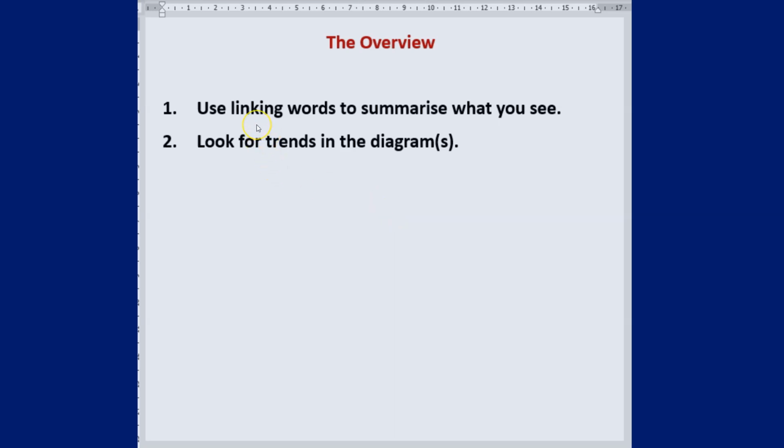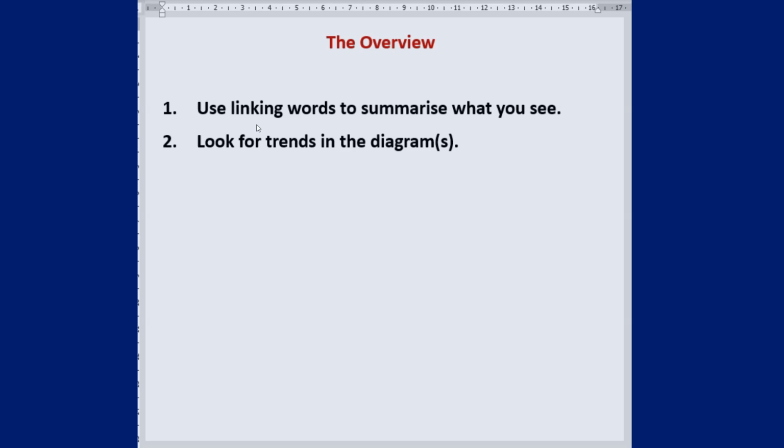1, you should use linking words to summarize what you see. So you can start by saying to summarize, or overall, or in summary. Okay, so don't go and use other weird words. You can just use overall, to summarize, or in summary to start your overview, and that will be okay. Don't include data or figures in your overview.